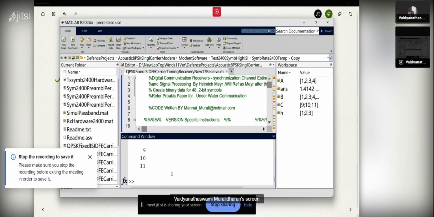Let us display B again. 1, 2, 3, 4, 5, 6, 7, 8, 9. There is something called the inverse of a matrix. We will talk about it later.